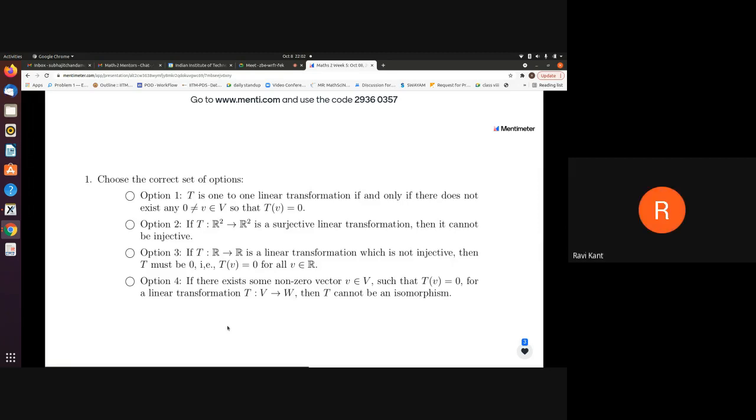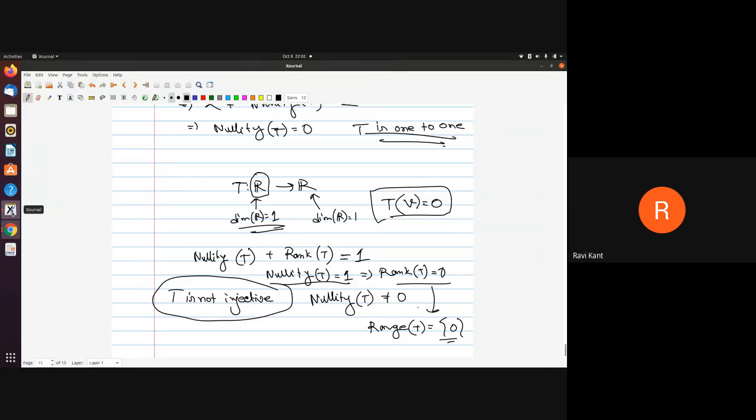Sir, the previous option which you were explaining, can you briefly explain it once more? So basically T is from R to R, where domain and codomain are both of dimension 1, right? Now from the rank-nullity theorem, rank plus nullity should be equal to the dimension of the domain, which is 1. Now T is not injective, that means nullity is non-zero.